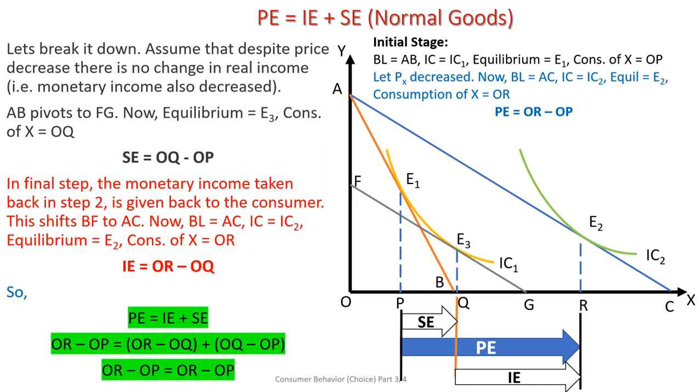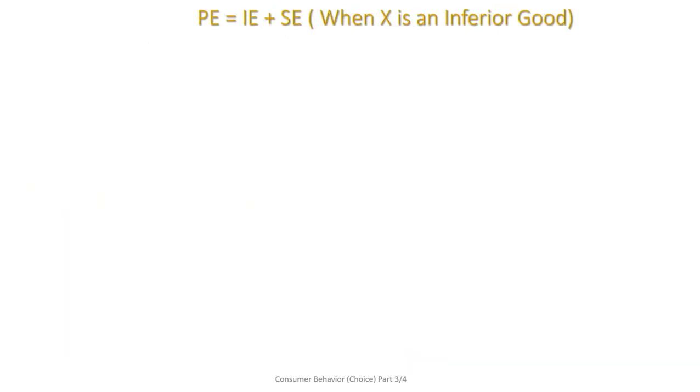Now let's study the same when commodity X is an inferior good.